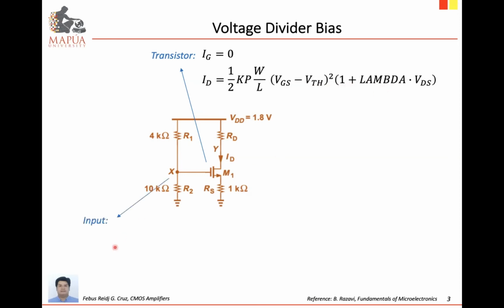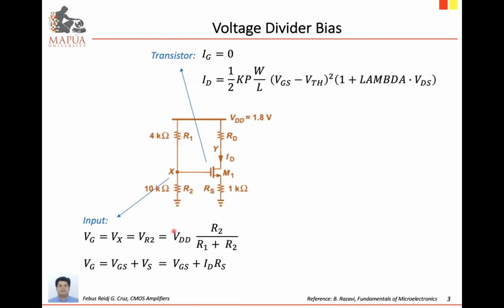Then for the input, the gate voltage is the voltage at node X, which is the voltage across R2, and we can apply voltage division: total voltage VDD multiplied by the resistance of R2 divided by the total of the series components R1 and R2.